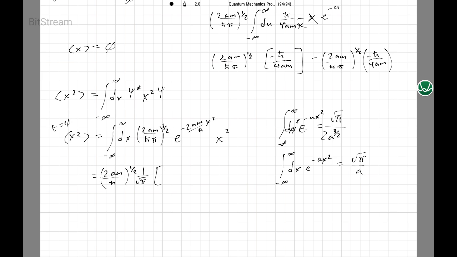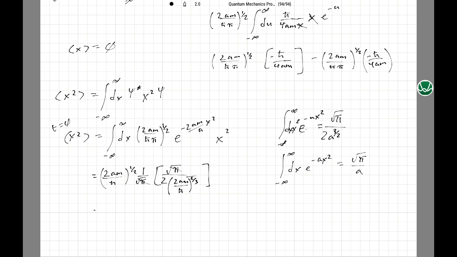And then because now I have this guy on top, and I have a 2, and then I have a to the 2/3, so that's 2am over h bar to the 2/3 power. I realize that is a bit messy.